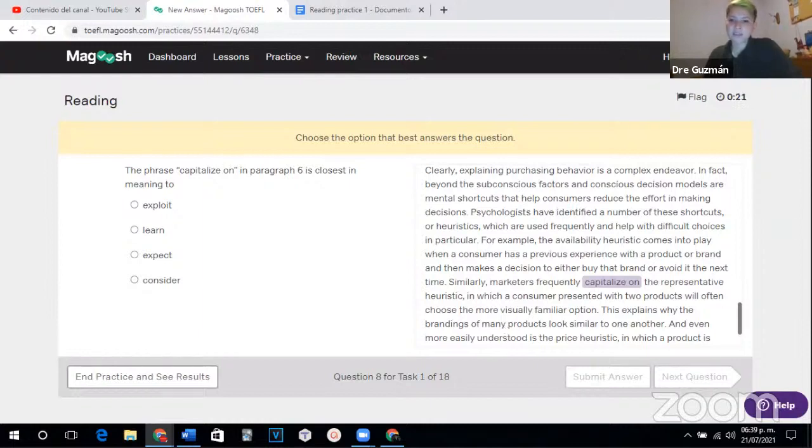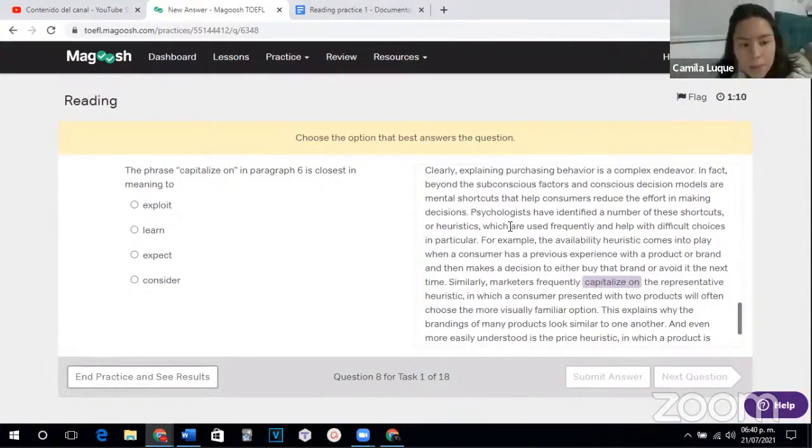Camila, can you read the question and you tell us which one you think it is? The phrase capitalized on in paragraph 6 is closest in meaning to... Which one do you think it is?